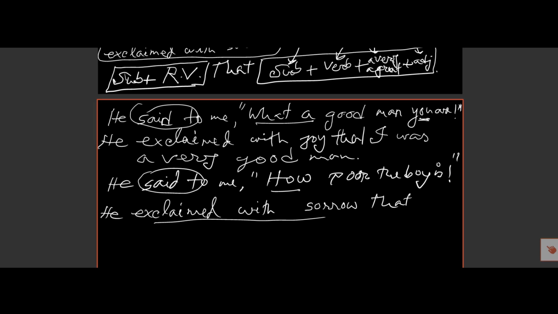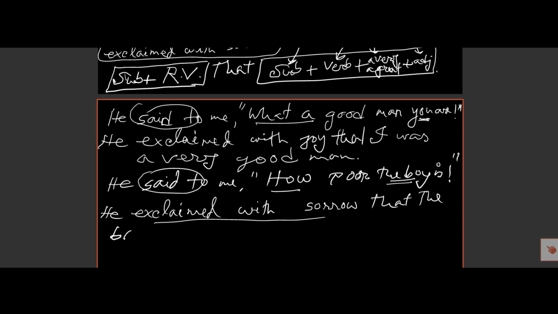Then, removing the inverted comma, there will be "that." Then the reported speech will be in the assertive form. The boy is the subject here, and as the boy is in third person, the third person will not be changed.